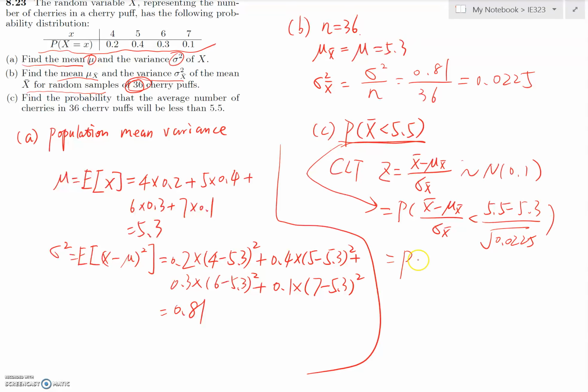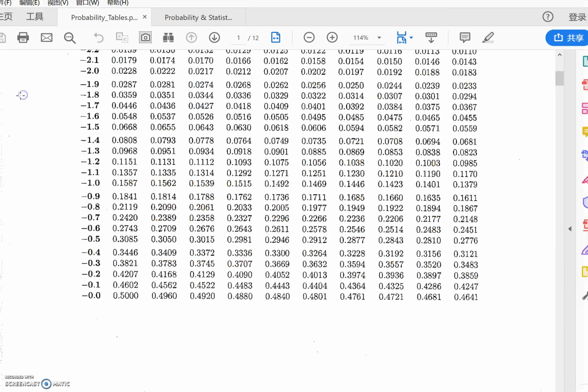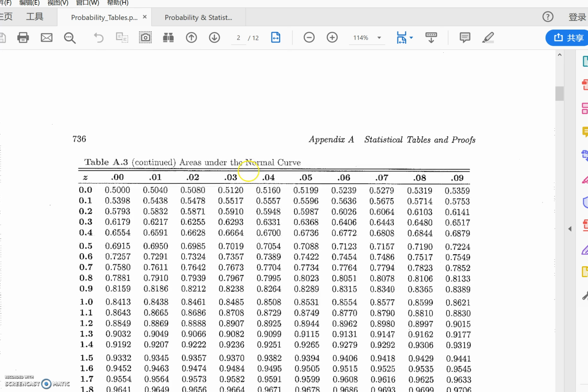So this is the probability z less than 1.33. So we can use the probability table to find out this value. We want the positive one.